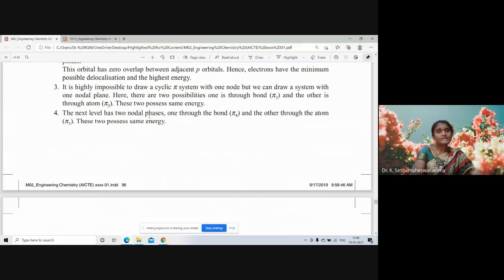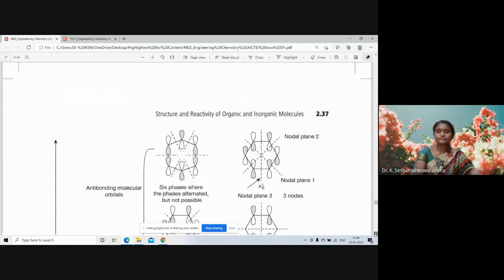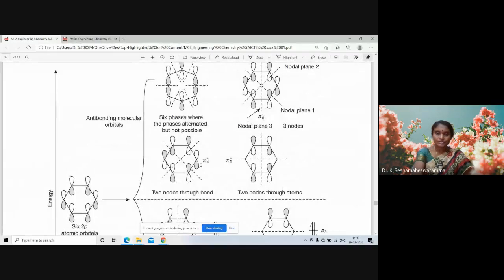Next, the next level has two nodal planes, one through the bond and another through the atom, pi 4 and pi 5. These two. This is through bond, from this bond, from this bond. Then here, two nodes through atoms.